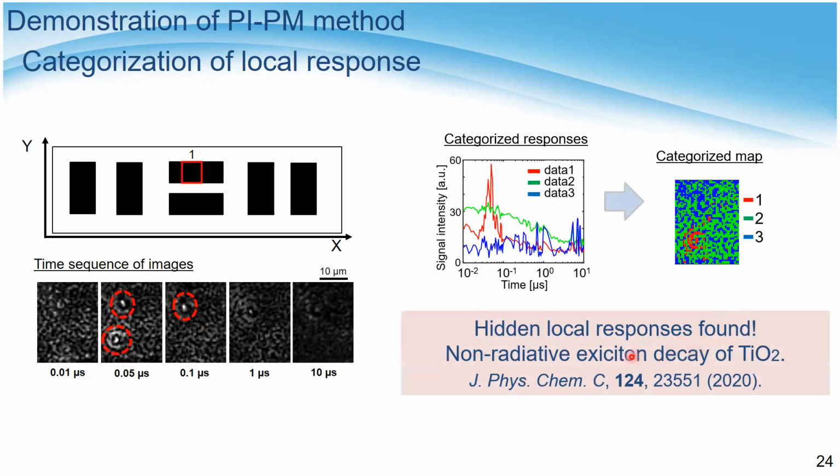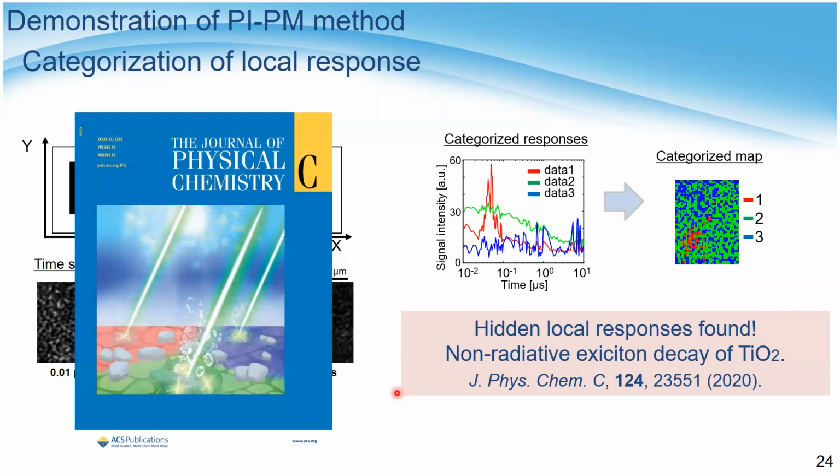So by using this technique, we can find some hidden local responses that are lost if you average the response, which was assigned to the non-radiative exciton decay of TiO2 in this case, and it was published last year in JPCC.